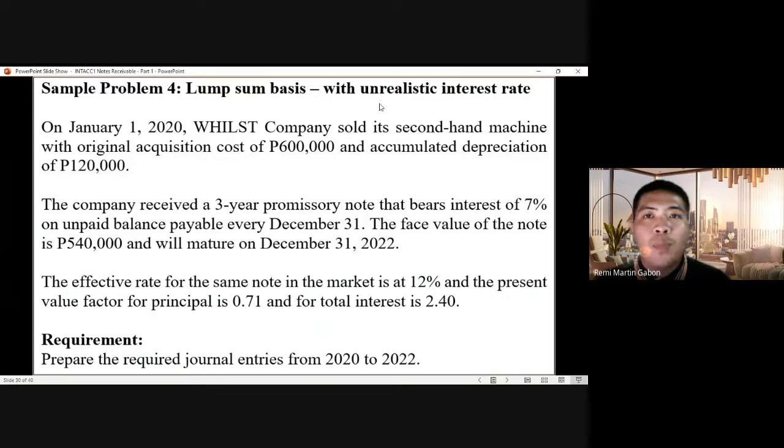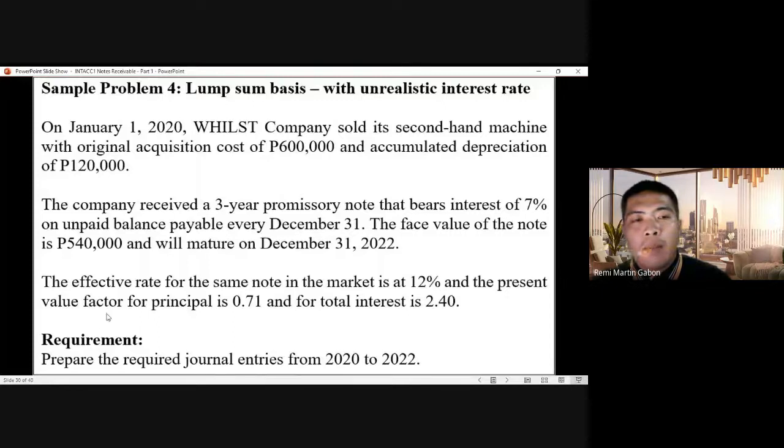Lump sum basis with unrealistic interest rate. So almost the same structure kanina sa lump sum basis. May additional paragraph lang tayo sa baba. Yung interest rate is 7%. Kanina, nasa 12%. Yung stated interest. This time, 7%.